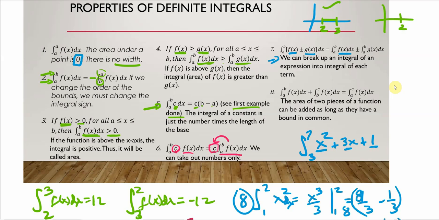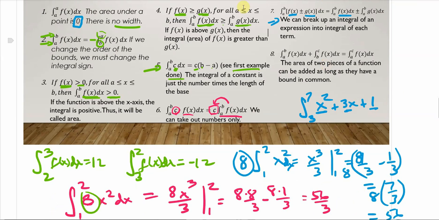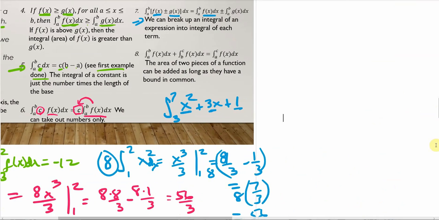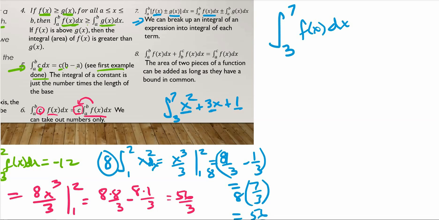Okay, and then here comes number 8, and number 8 is the one I really love to test on the exam, because students always look at number 8 and they say, it's not very important. And yes, it is. Okay, what number 8 says is that if I have a function here from 3 to 7 of any function dx, I can actually break this up into any pieces.